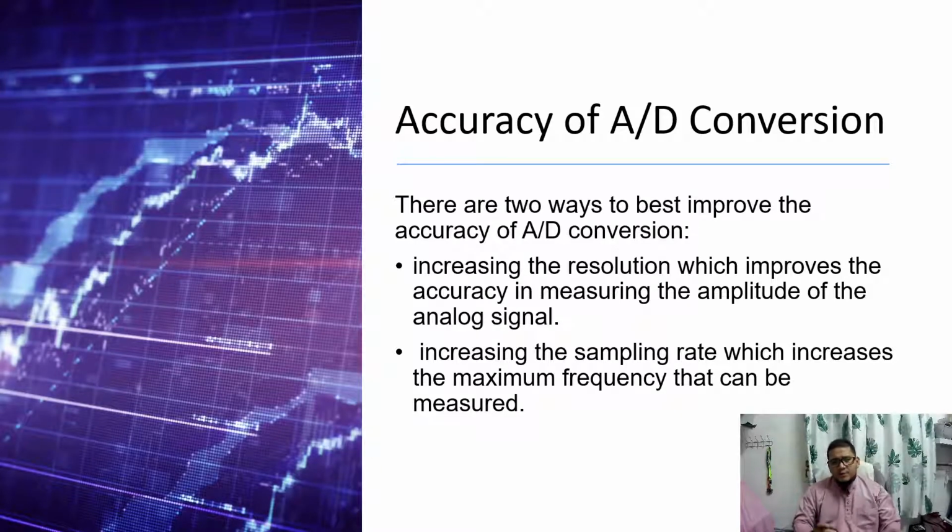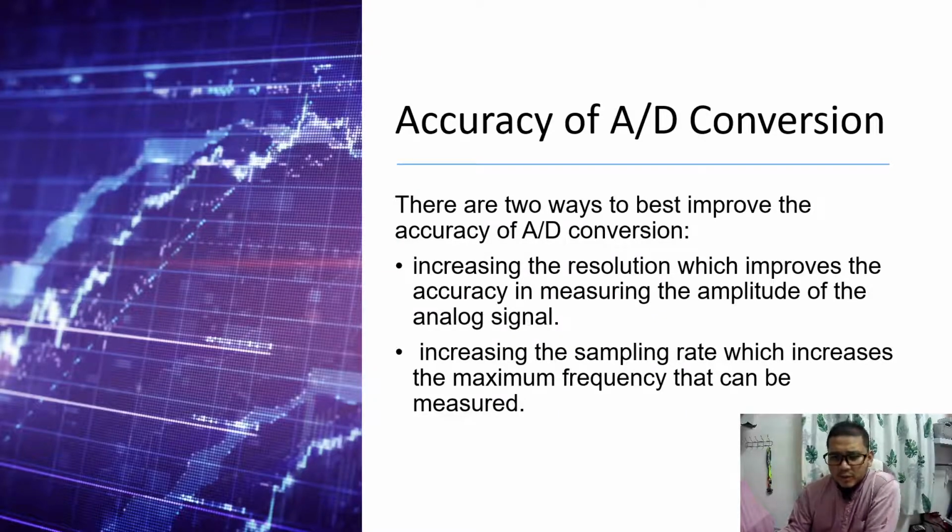Okay, and then in terms of the accuracies of analog to digital conversions, there are two ways to best improve the accuracies. First, increasing the resolutions, which improves the accuracies by measuring the amplitudes of the analog signal, and then increasing the sampling rates.